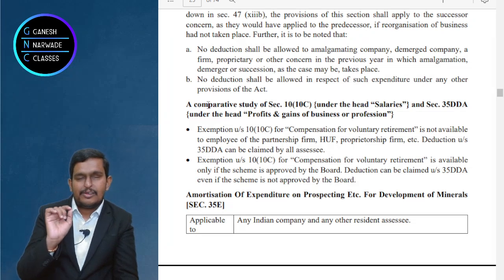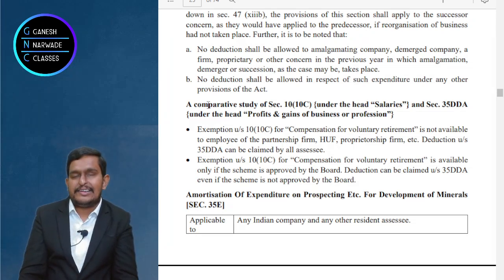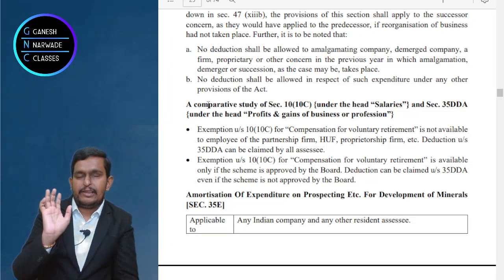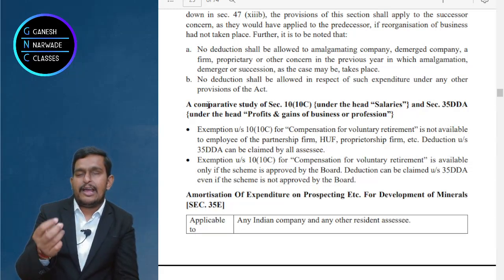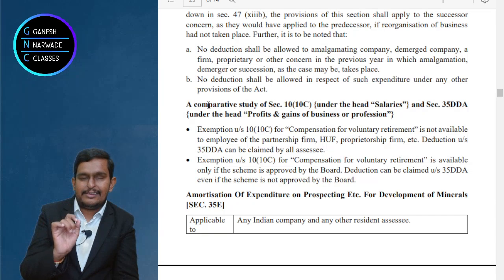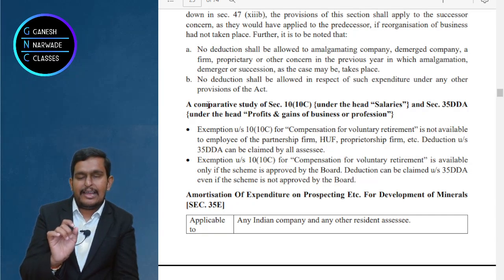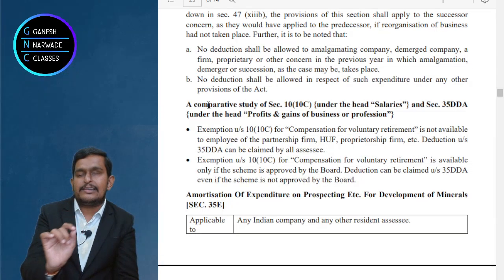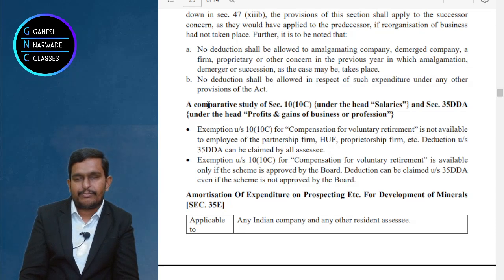Now for claiming deduction under 35DDA, you can be any organization. It can be sole proprietorship, partnership, HUF, company, artificial, any organization is okay. But for claiming deduction under 10(10C), the employees of partnership firms, HUF or sole proprietorship will not get the deduction. So they are discriminating against employees, right?